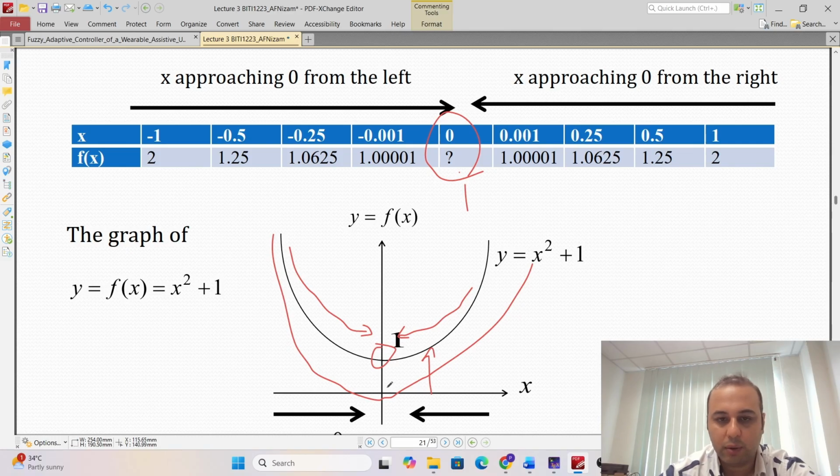Don't look at this, I mean the y. Y is 1, x is 0, y is 1.